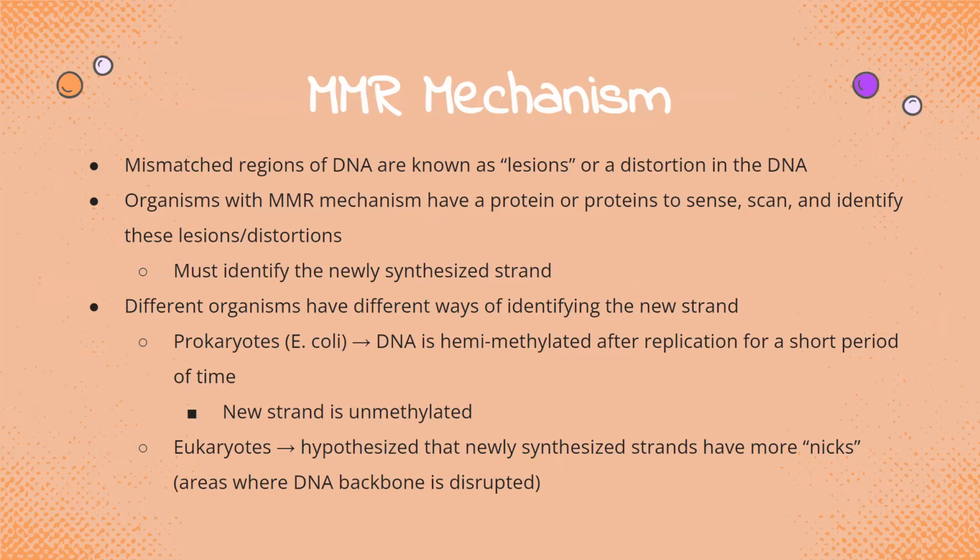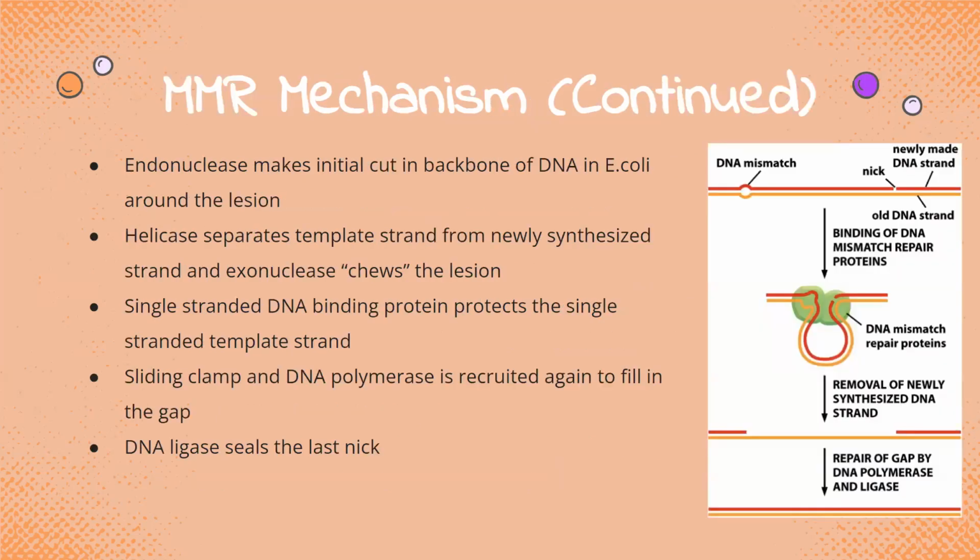Because the bases need to pair complementarily, if you have the wrong nucleotide, you'll have a little groove on the backbone, and I'll show that in just a second, there's a slide that shows it. MMR must be able to distinguish which one to fix. So the process involves being able to determine which strand is which.